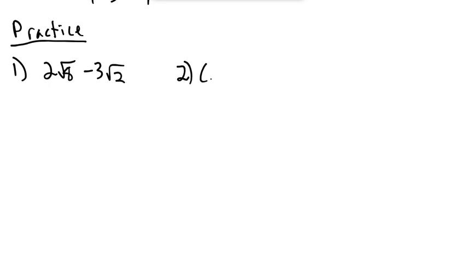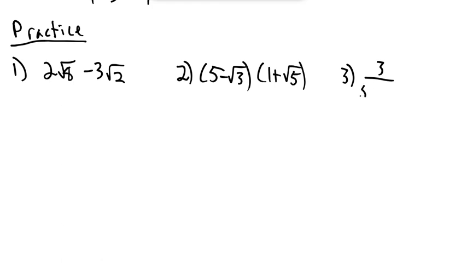Then I want you to multiply these together: 5 minus the square root of 3 times 1 plus the square root of 5. And then try one of those conjugate problems. I want you to simplify 3 over 5 minus the square root of 3. So go ahead and do those practice problems. Pause the video right here, and then we'll go through each of these.